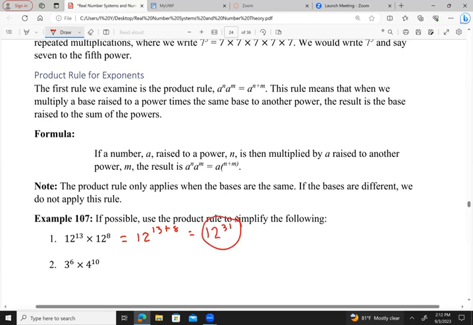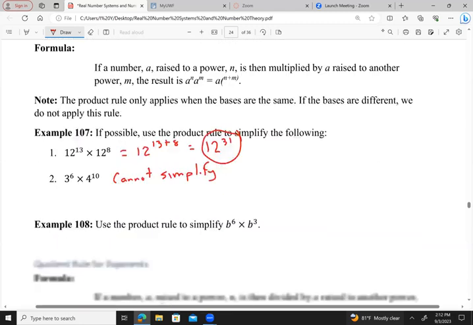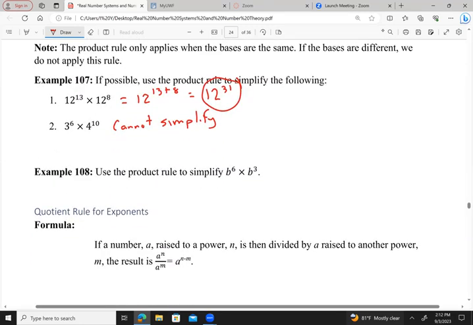Now we have 3 to the 6th times 4 to the 10th. In this case, we cannot simplify, not in this fashion. Now use the product rule to simplify b to the 6th times b to the 3rd. Well, that's equal to b to the 6 plus 3, which is b to the 9th.